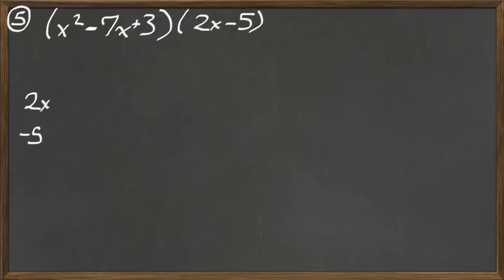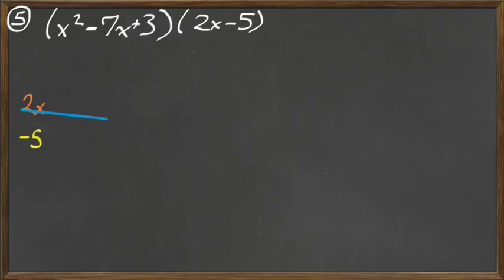Those are my rows, and I'm going to choose two different colors when I'm doing this. Let's go ahead and do this with my 2x in orange, and then I'm going to do my minus 5 in yellow.